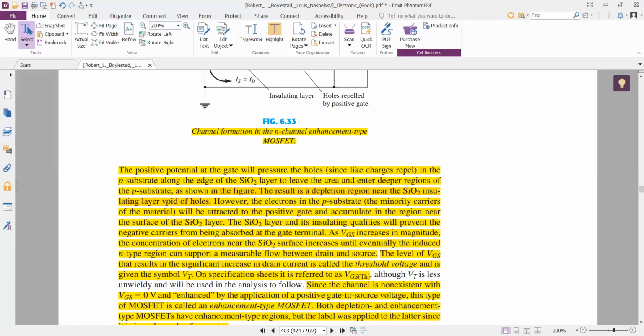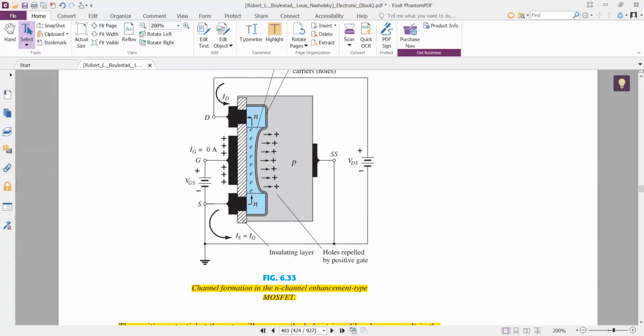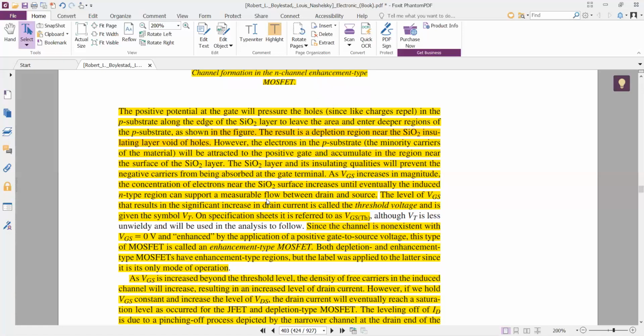The result is depletion of holes near the silicon dioxide insulating layer, while the number of electrons goes on increasing.